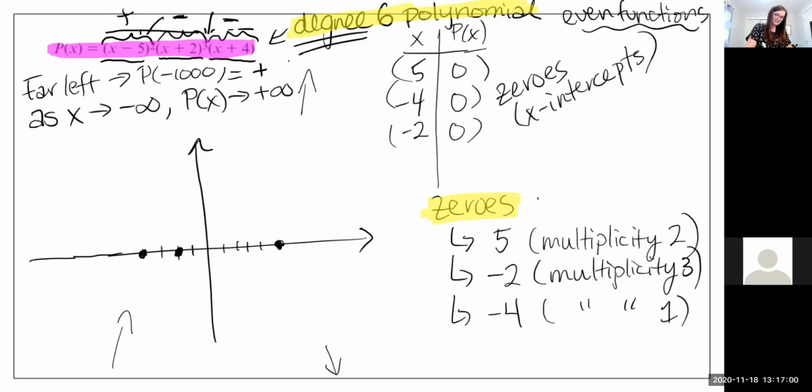meaning it's starting up high. So what that tells me is it's coming in this way rather than coming in this way, right? So now try and think of what's going to happen at the very far right. If it was a really big positive number, then what sign would you be producing?